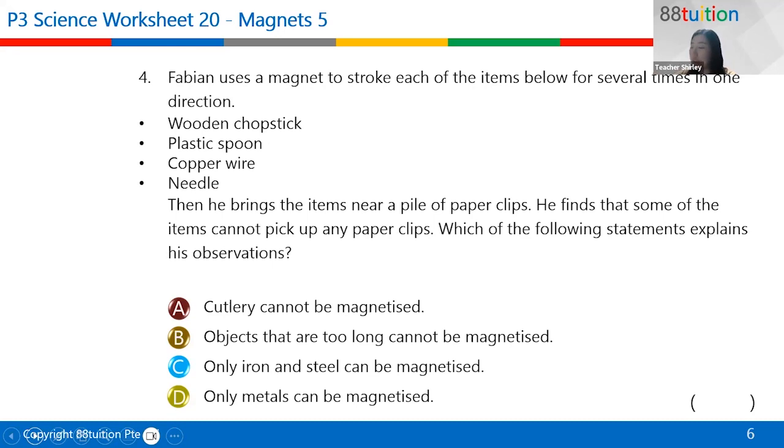Okay, yeah, so in this case, the reason is because remember we want to use stroking. Like for example, if I have a wooden chopstick here, if I want to stroke, means that I'm going to take a magnet and I'm going to stroke it. Right?